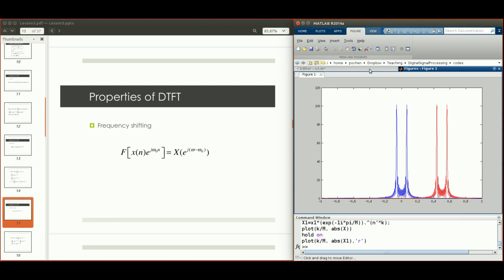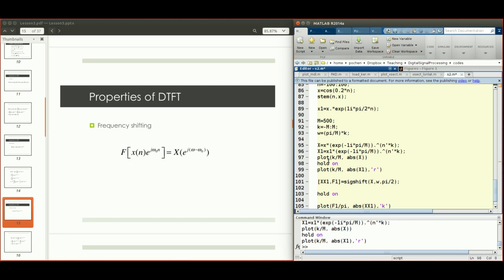So the blue curve that's plotted here is the absolute value, the magnitude of the original signal. And then the red curve is the amplitude of the Fourier transform of the modulated signal x1. x1 is here, you see. That's the Fourier transform of the modulated signal x1, right?